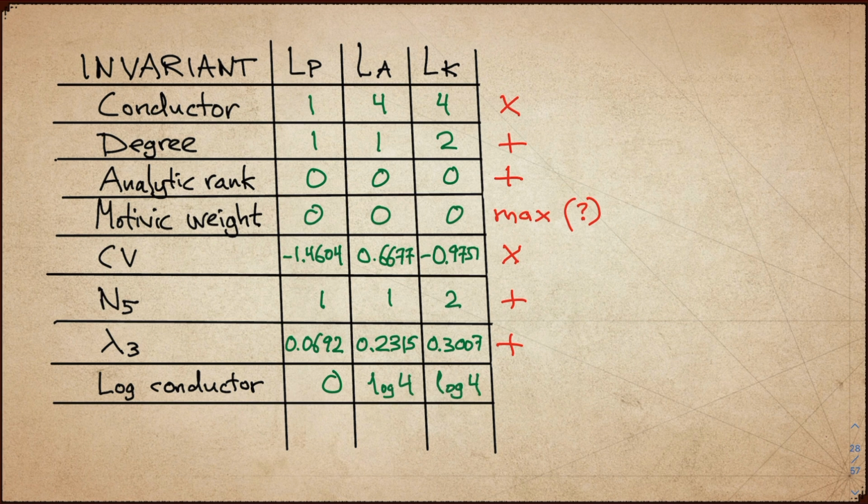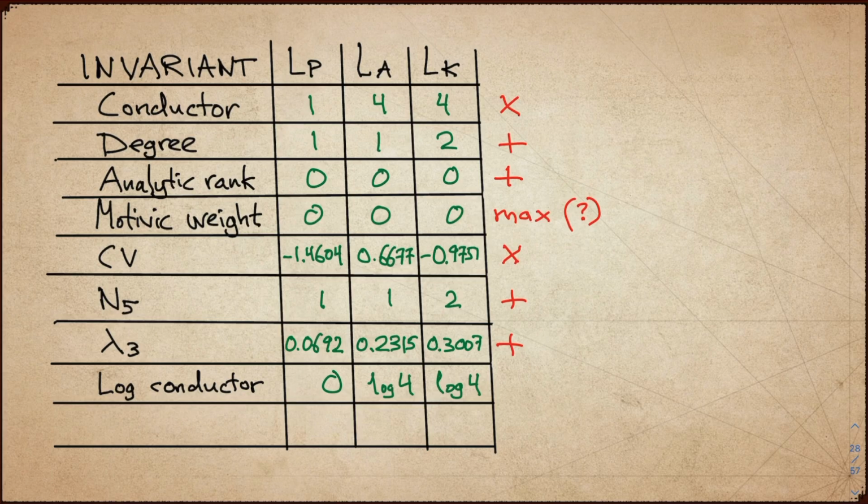For the central value, there is a problem in that these can be negative, and we don't want to take log of a negative number. One solution is to take log of the absolute value of the numbers. Call this new invariant log CV with absolute value sign.